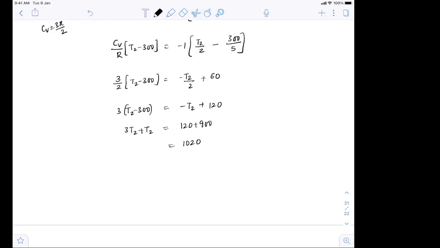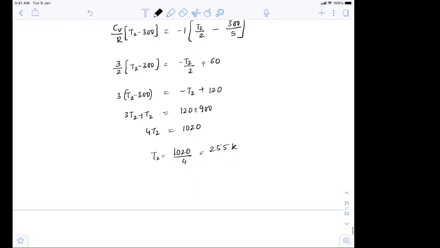So this is 4T2, and T2 will be equal to 1020 by 4, which is 255 kelvins.